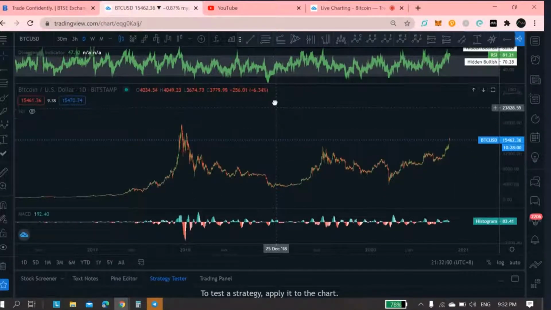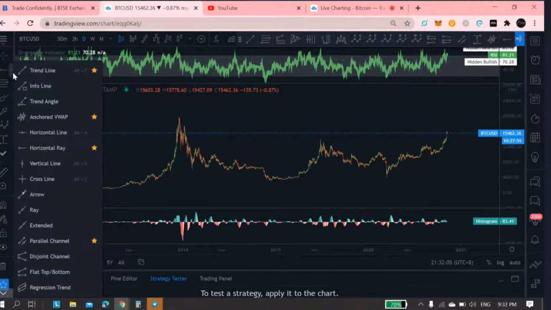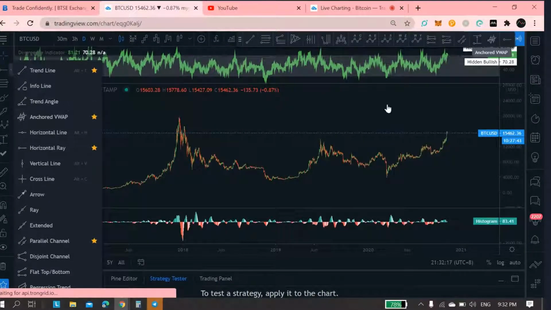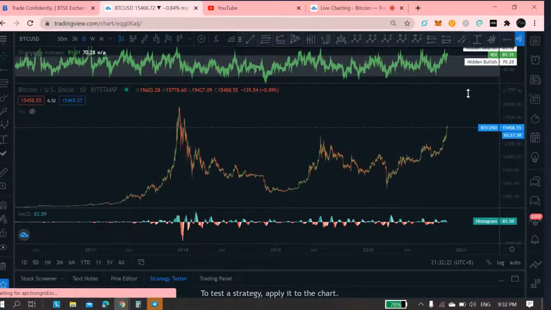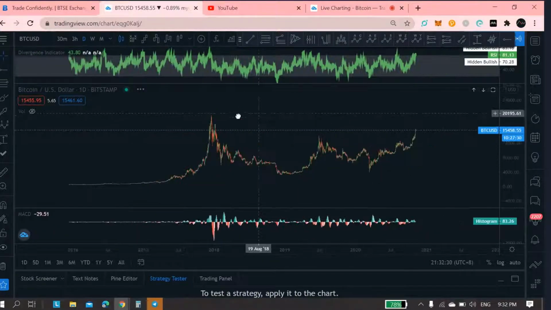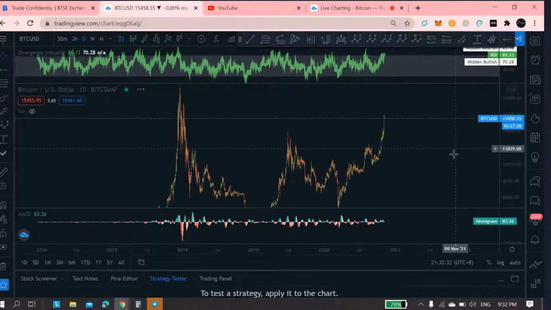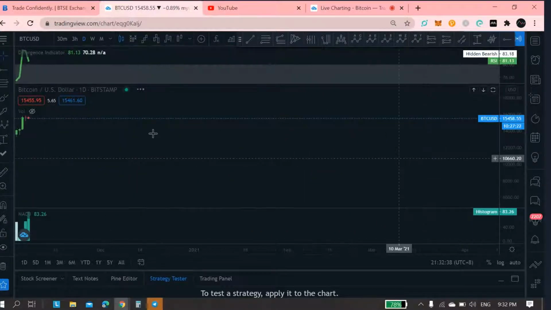Oh, and for this one, we will also use the PWAP. So where is it? There. So anyway, we will also use the divergence indicator and the MACD in our analysis for the short term. So actually, the candlestick and the Renko chart are almost the same.